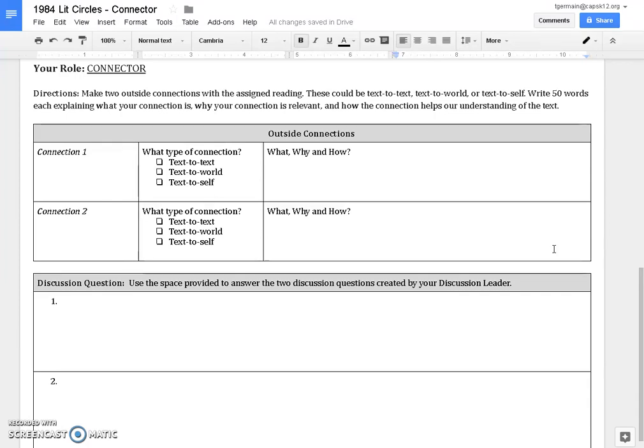There are 3 different types of connections, and you're going to make a choice here. It could be a text-to-text connection. In other words, as you're reading 1984, you are reminded of another book that you've read, a short story, a movie that you've seen, a television series that you watched, or something like that.